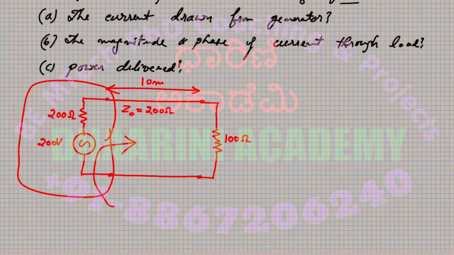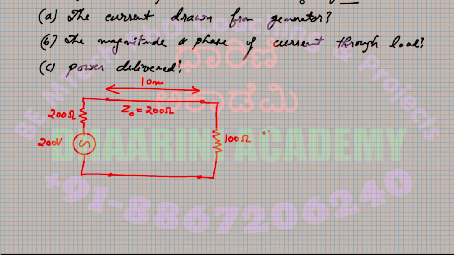For a source, it can be replaced by its equivalent. Let me draw another version of this. This is the same supply, and this is the internal impedance of the source.